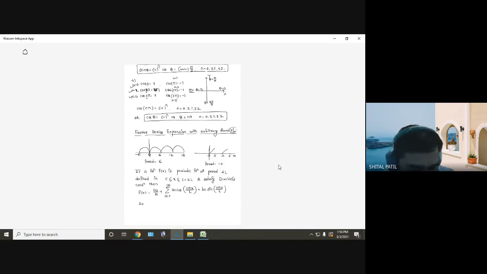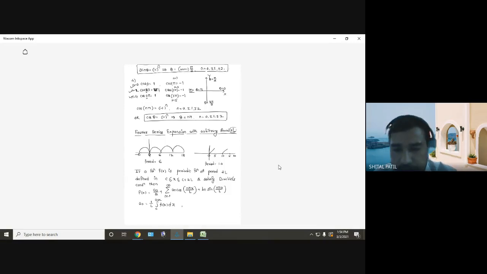and they are given by, a naught equal to 1 upon l integration from whatever the interval is, where the function is defined, c to c plus 2l, f of x dx.